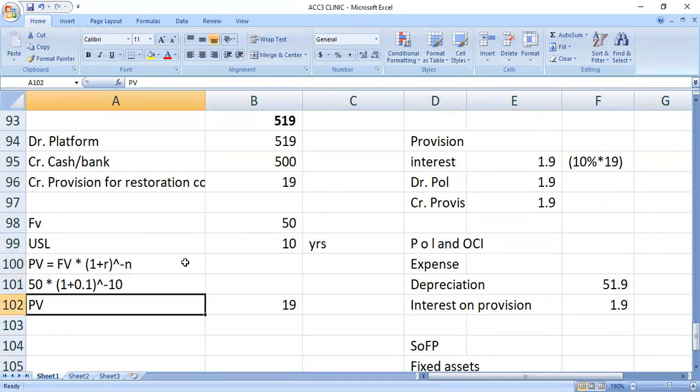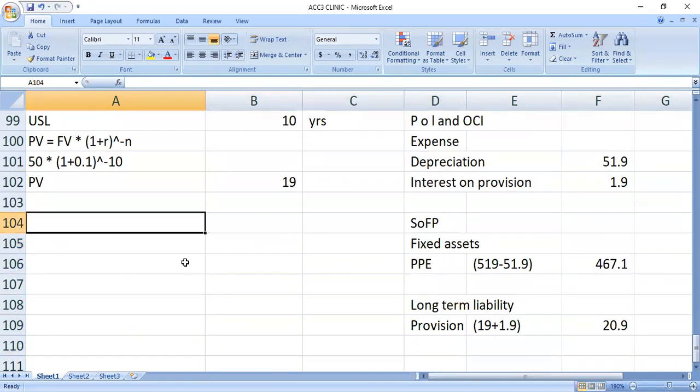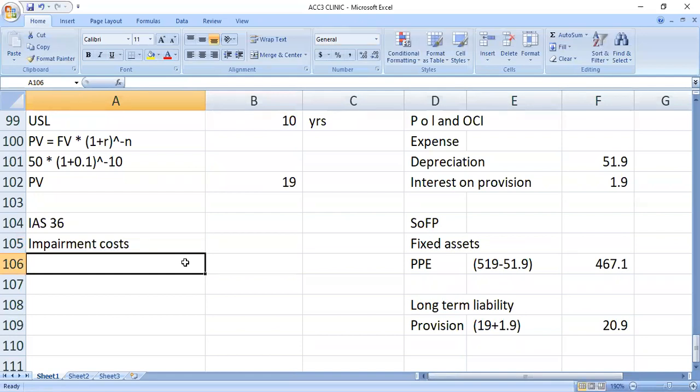Okay, so guys, allow me to go to the next topic I was supposed to discuss today, which is IAS 36. This one is impairment costs. What really stands out on this one is the issue of what we call a cash generating unit. This is the new thing that comes in here.